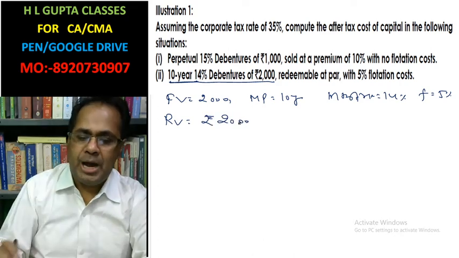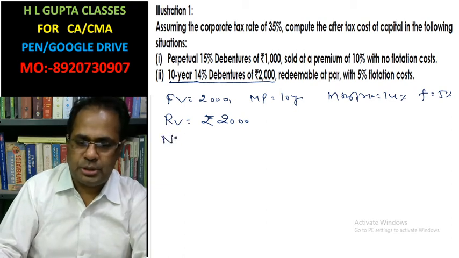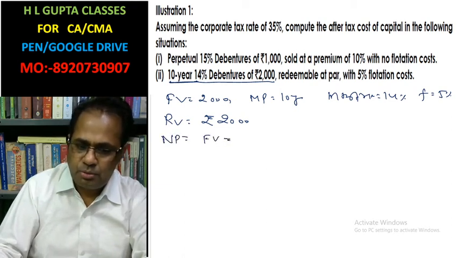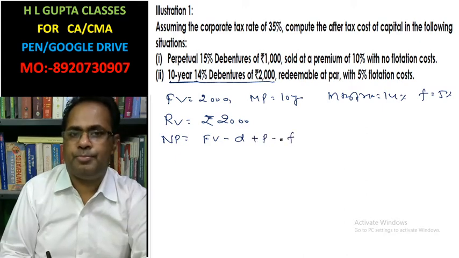Now you have to calculate net proceed. Net proceed formula is face value minus discount plus premium minus floating cost.